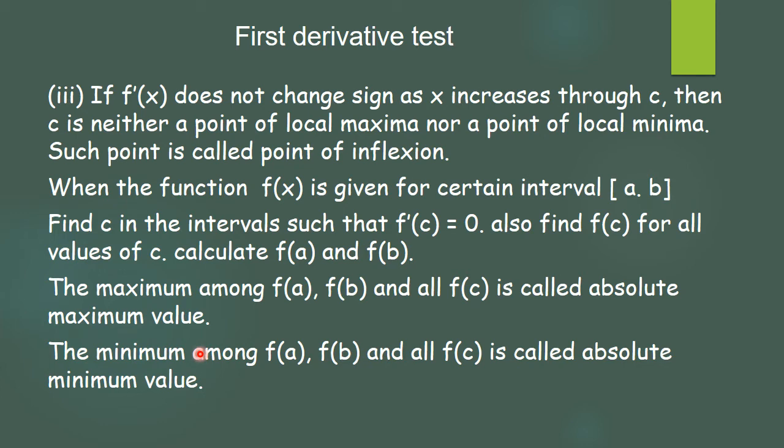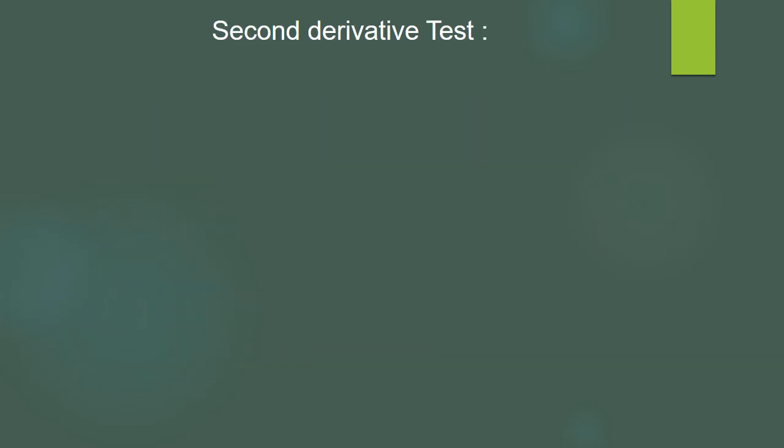So we can find the local maxima and minima as well as the absolute maxima and minima. But for absolute maxima and minima, we should know the interval a and b. If the interval is not given, we cannot find the absolute value. That was the first derivative test. Now we will go for the second test.